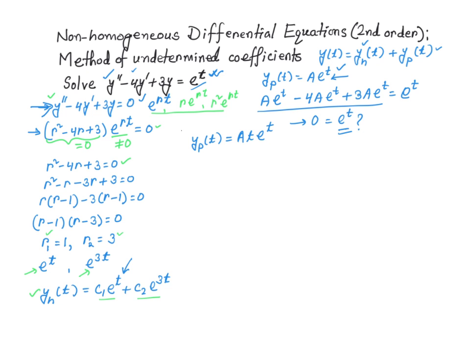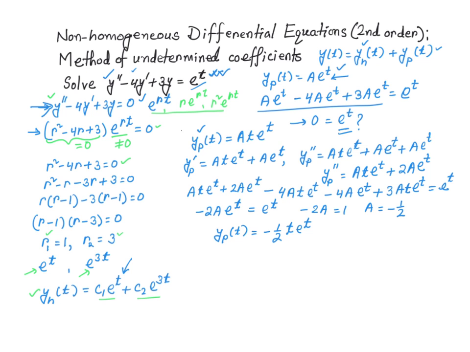Now I'm going to take this y sub p of t, take the first and the second derivative, and then plug it into this equation. If we do that, we get the following. I took the first derivative of y sub p of t, which is a times t times e to the power t, and I took the second derivative, put it into this equation and simplified it.